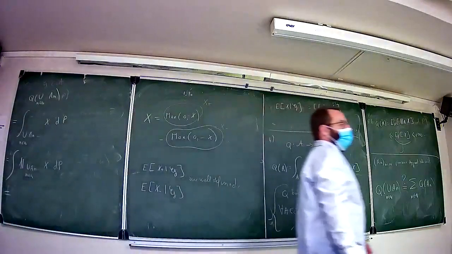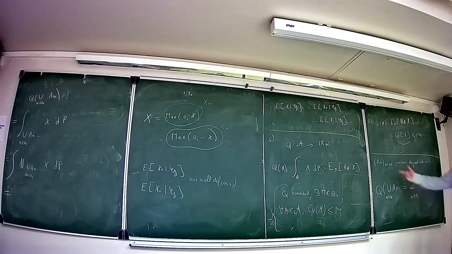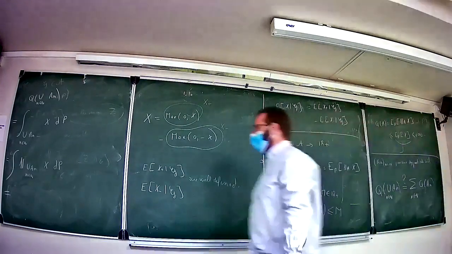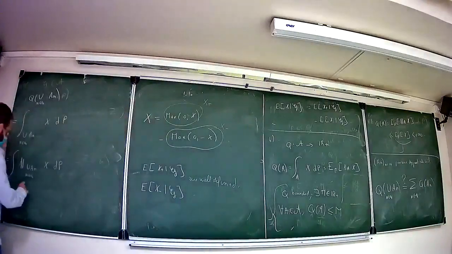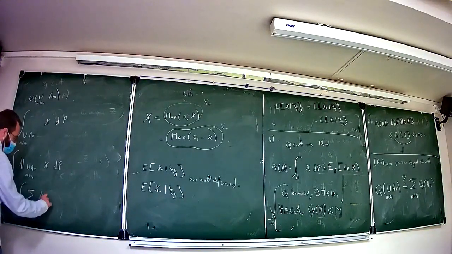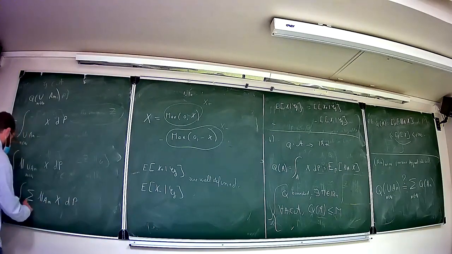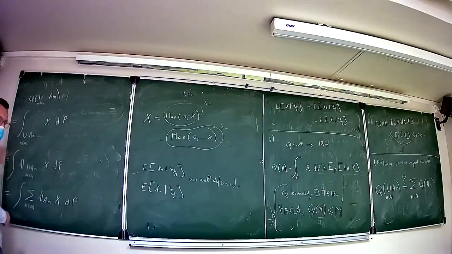What is the indicator function of the union if you have a sequence of pairwise disjoint sets? The indicator function of the union in the case where I have a sequence of pairwise disjoint sets is equal to the sum of the indicator functions, since they are pairwise disjoint.